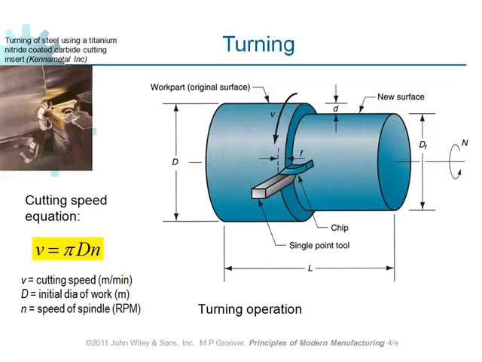Okay? And the other parameter which is of importance to us is N, capital N, which stands for spindle speed, revolutions per minute. Sometimes it is referred to as RPM, revolutions per minute. And sometimes it is mentioned as REV, standing for revolutions per minute.